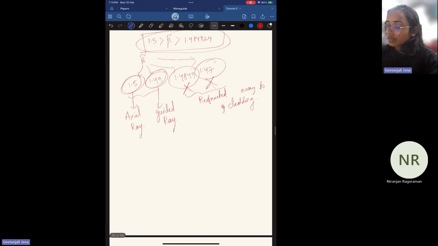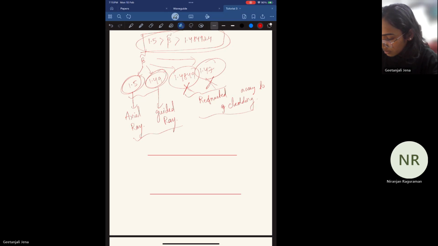So now, depending on this, just plot the graph. So this is nx, this is n2.